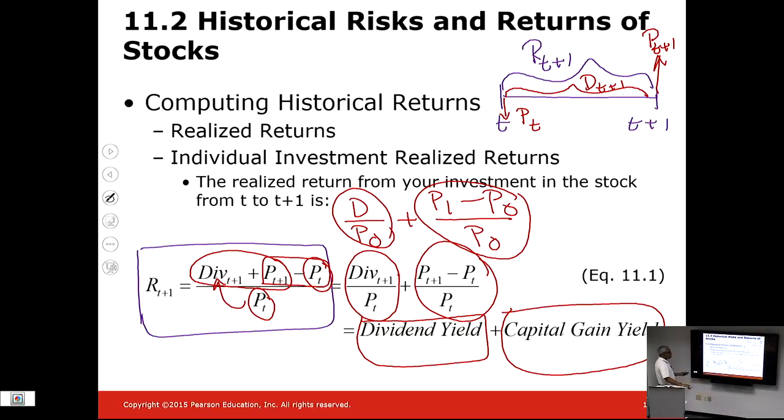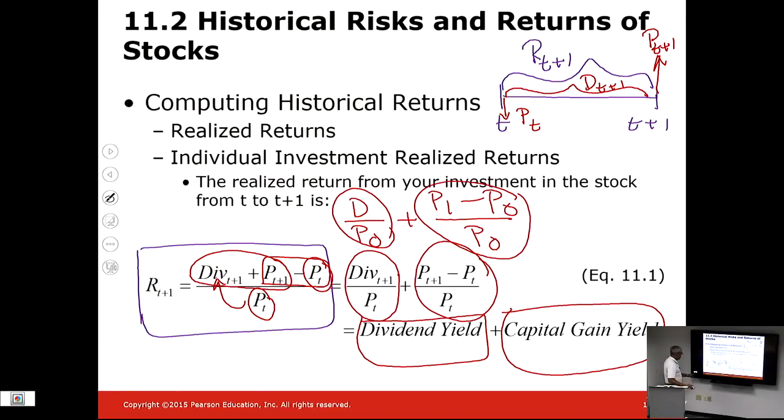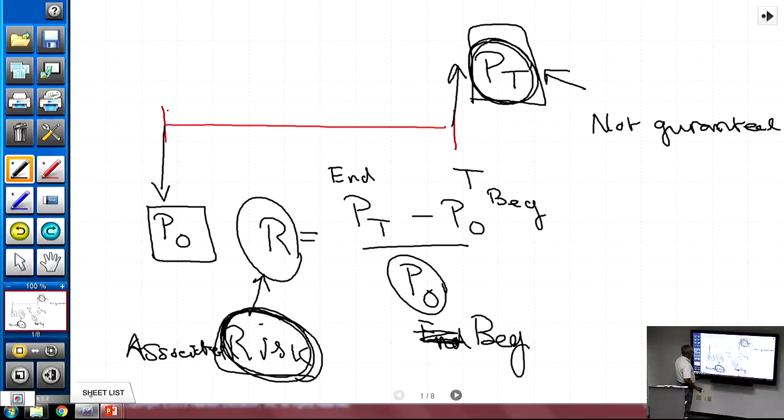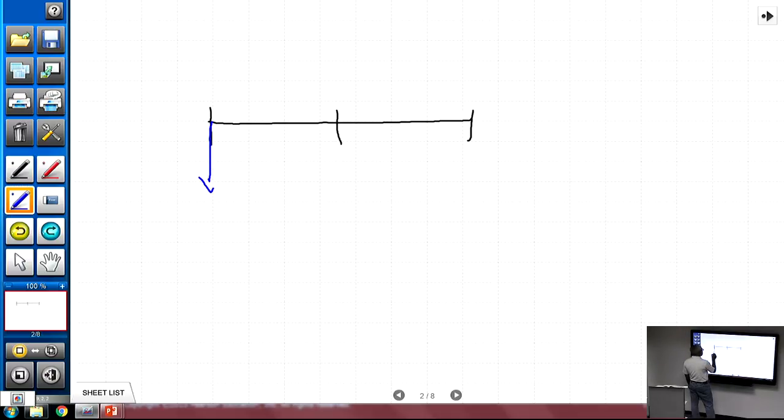So this is one way to look at one period returns. What if you had multiple periods? For example, 2 periods. The stock price today is P0. This is period 1, period 2. Stock price at the end of period 2 is P2.